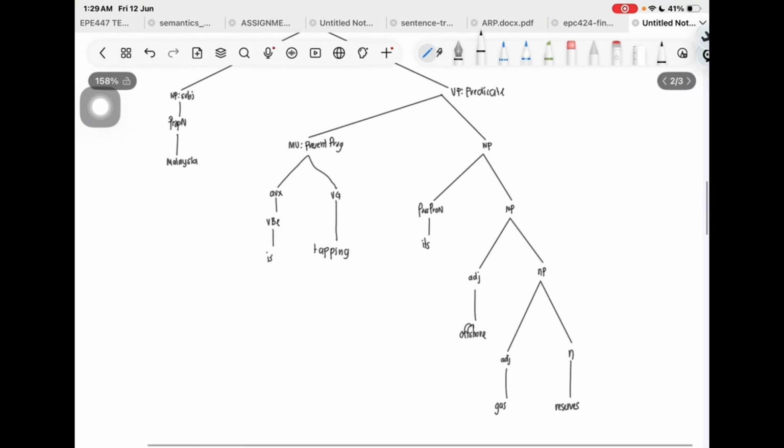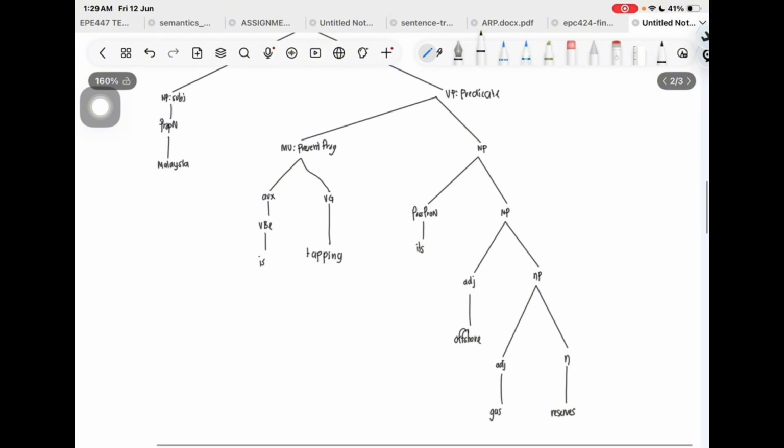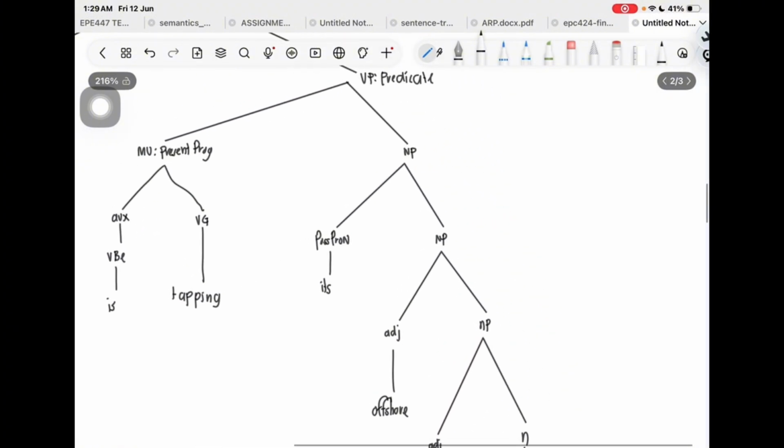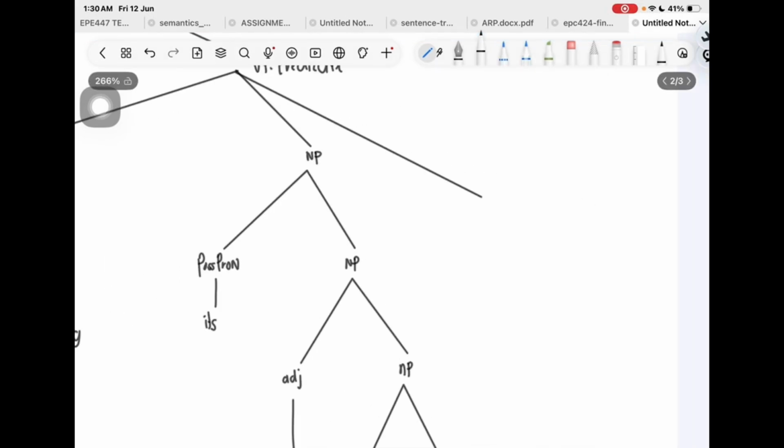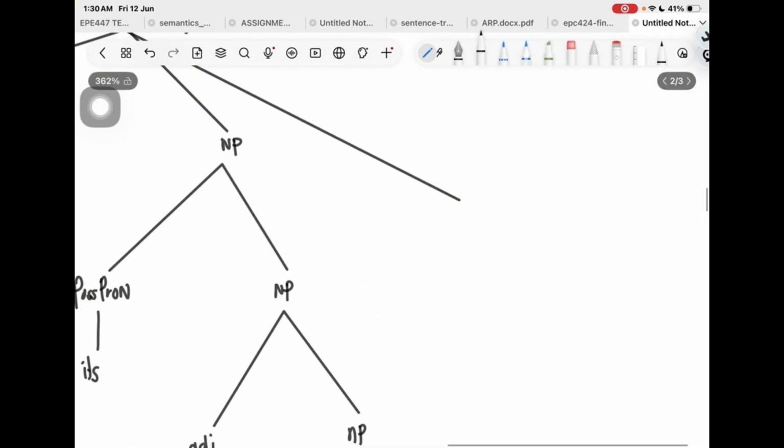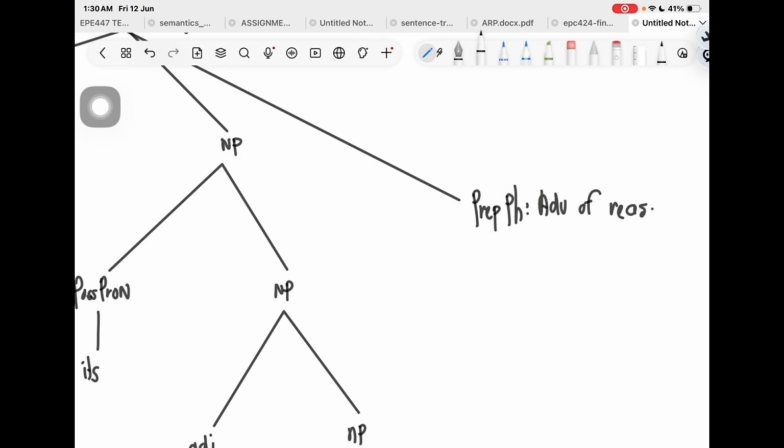Okay, we are done with the first noun phrase, and then we're going to move to the right. Here we're going to have the head of the branches, which is prepositional phrase, adverb of reason.